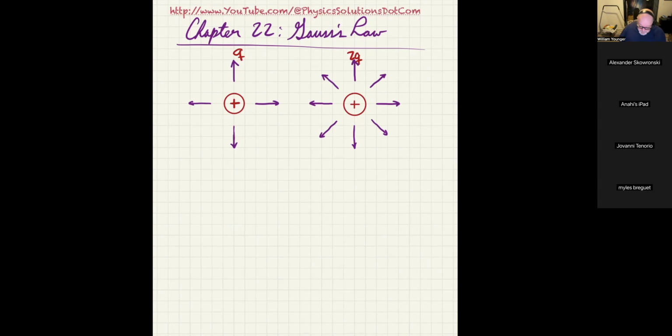Not only that, if the charge was negative, it would be quite a bit different as well. So, for instance, let me show you what a negative charge would look like.